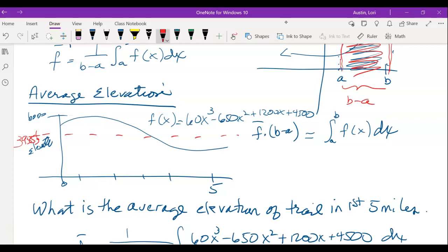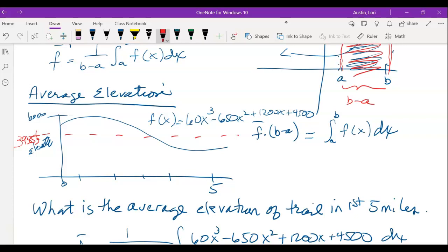So when you took that height on that particular trail for the first 5 miles, you started at somewhere a little under 5,000 elevation. You then went up, and then you took a nice downhill.